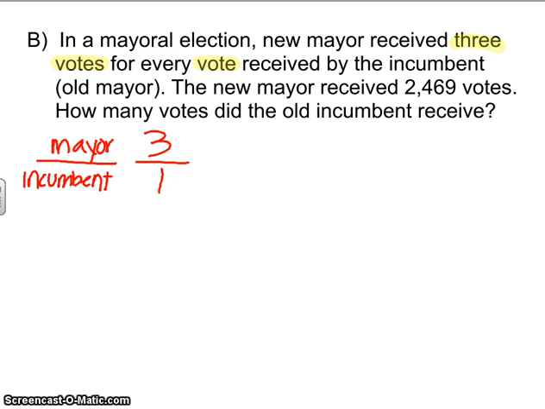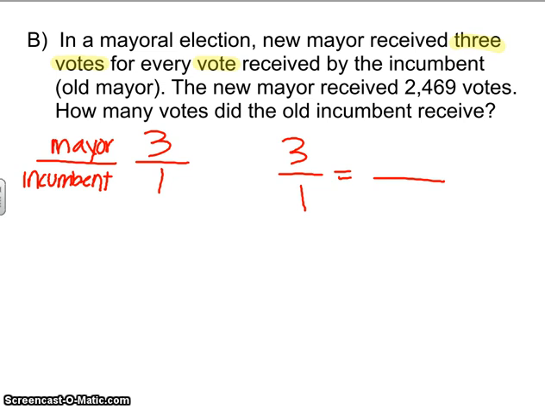The new mayor received 2,469 votes. How many votes did the old incumbent receive? So take the ratio that we are given, the 3 to 1. 3 represents who? The new mayor. 1 represents the incumbent. So when we write our proportion, our top number has to refer to the new mayor.